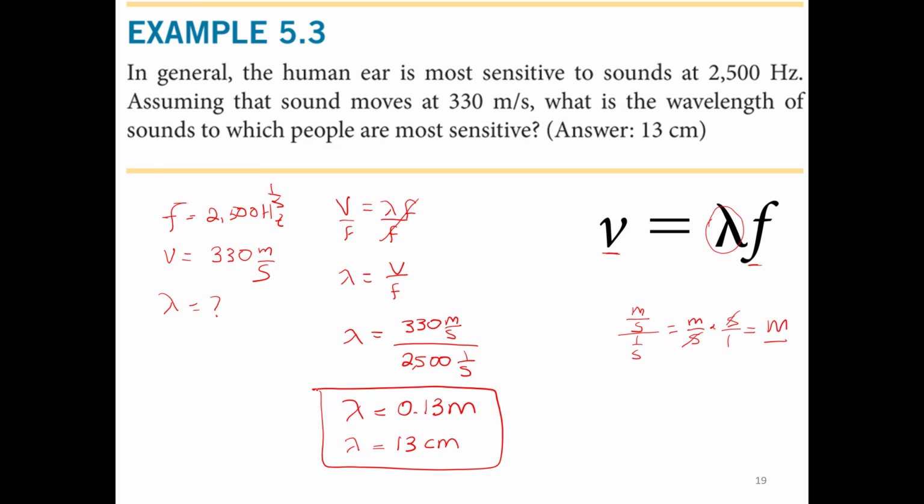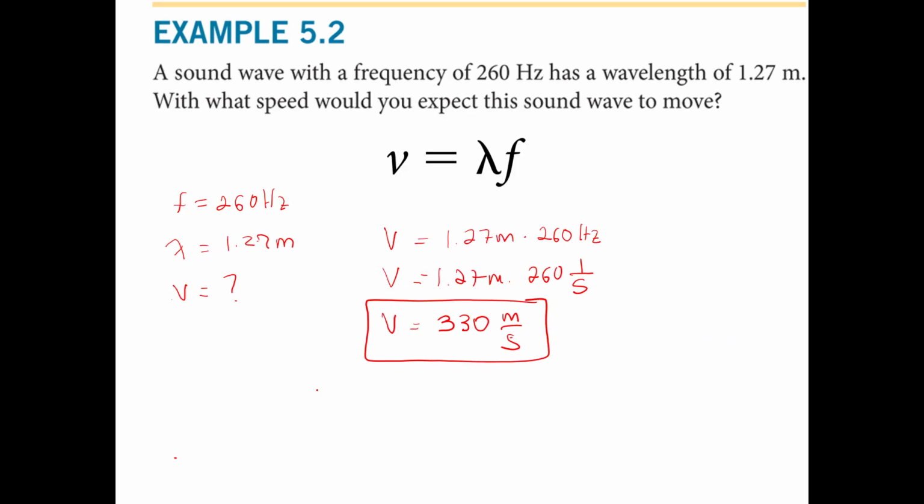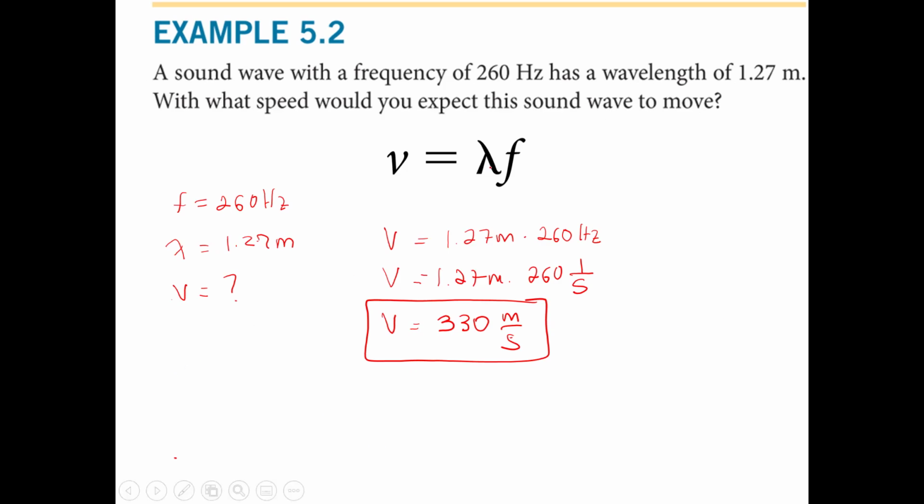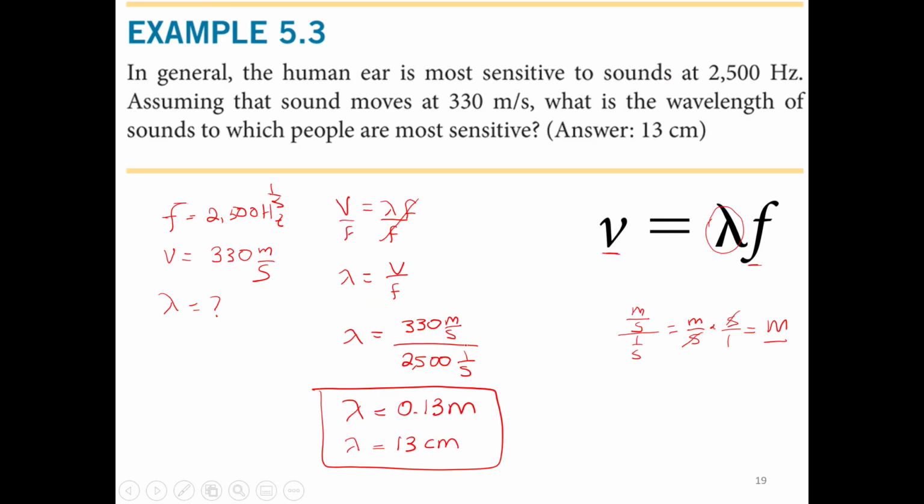Then in the next slide, I want to compare these two results. We had 260, we had 1.27, and the velocity of the sound is 330. In this case, we had the same velocity of the sound, but we had different frequency and different wavelength. And let's write here the values we had for one case and for the other case.